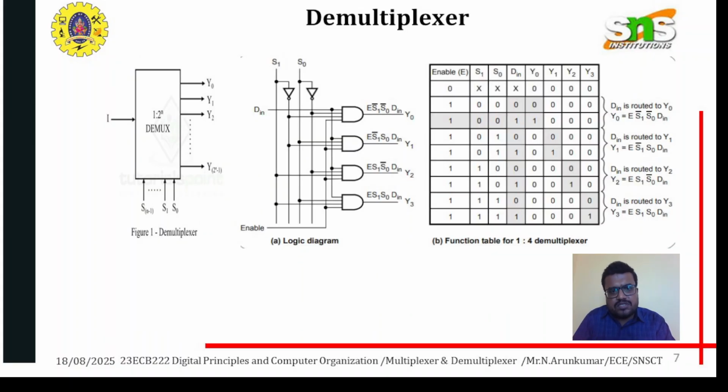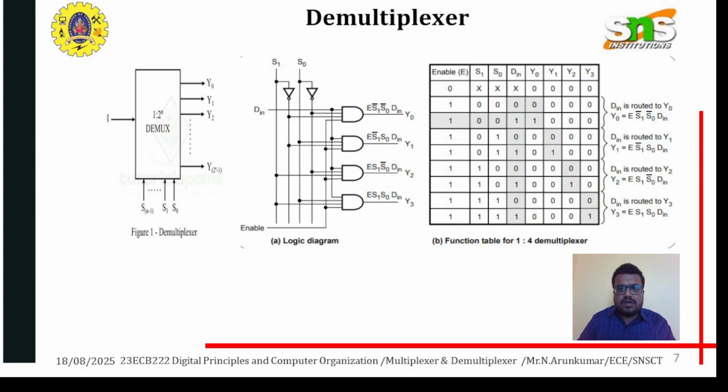In the demultiplexer, which is the exact opposite of the multiplexer, only one input is given and four outputs are generated. For a 1 to 4 demultiplexer, the number of outputs is 2 power n. Here n is 2, so 4 output values are generated.